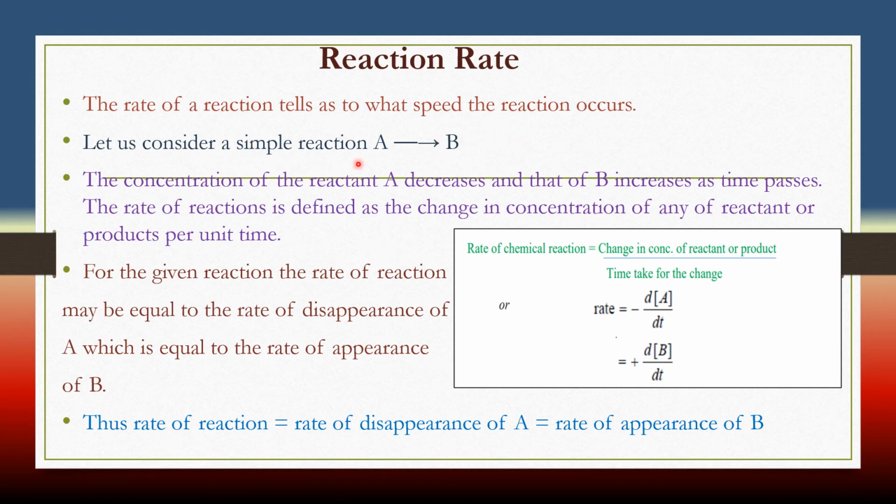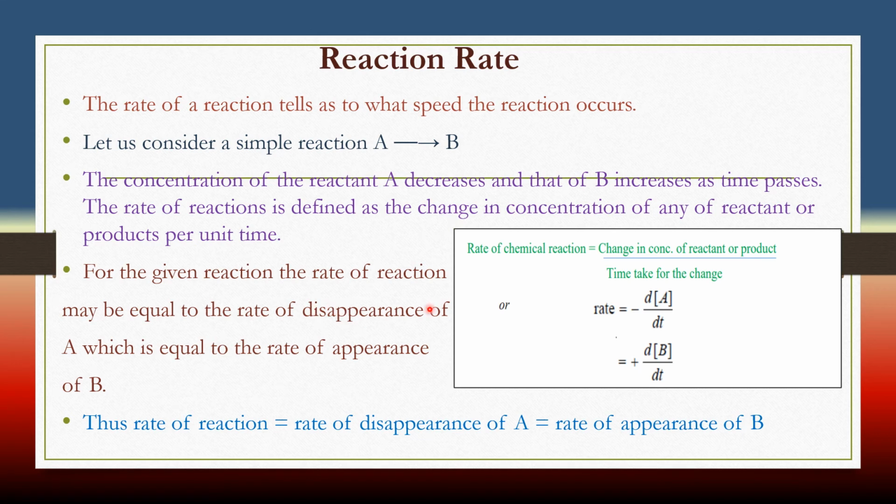Here we are considering a very simple example, A to B. A is your reactant and B is your product. The concentration of reactant A decreases and the concentration of product B increases as time passes. So we can say that the rate of reaction is defined as the change in the concentration of any reactant or product per unit time.